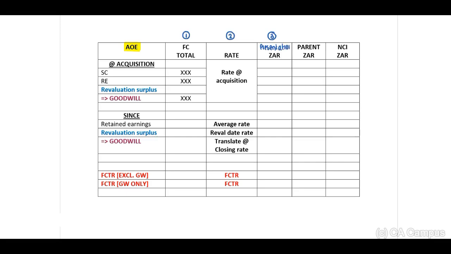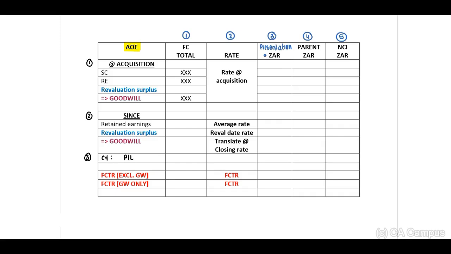Remember, I use rand. And include your parent's portion of your presentation currency as well as your NCI's portion. Now, your analysis of owner's equity, as always, will have your at acquisition period, a since acquisition period, and a current year period, which will be your profit or loss for the current year.